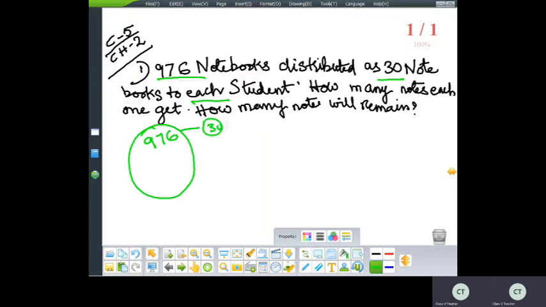Then what is the first part of the question? How many notes does each one get? So firstly, what you have to do, 976 divided by 30.